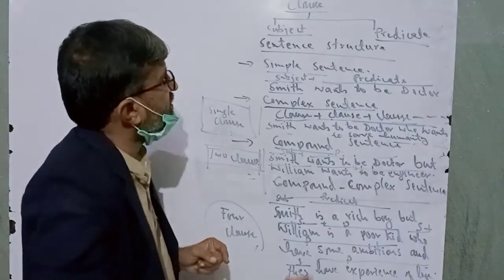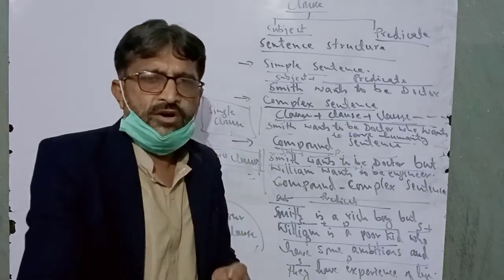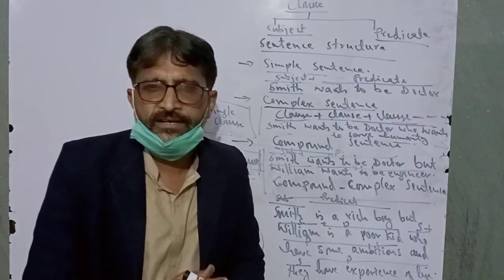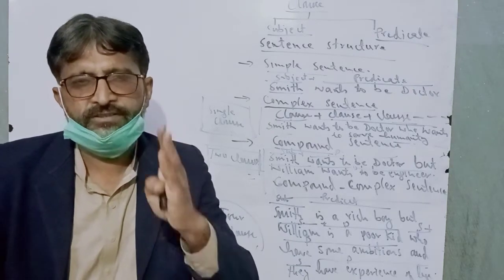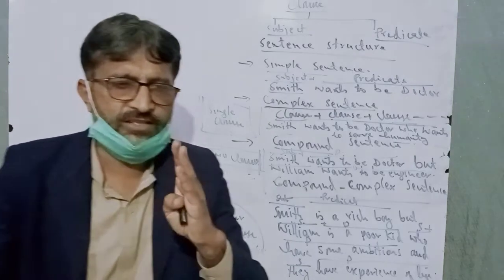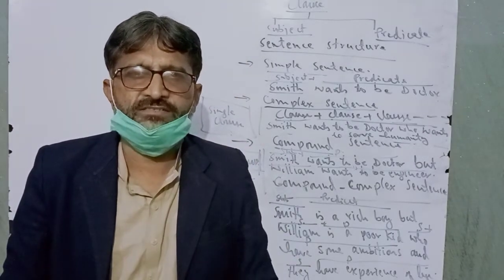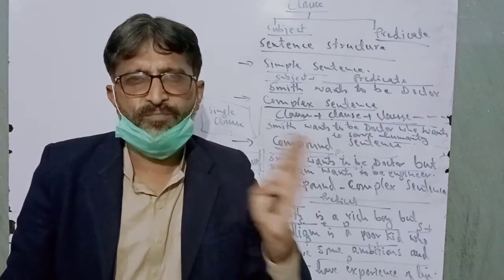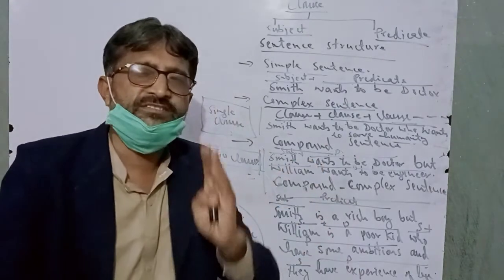When we say clause, after that, we are going to talk about the simple sentence, because we have four different types of sentence. Just like the simple sentence is here, the complex sentence is here, the compound sentence is here, and the compound-complex sentence is here.